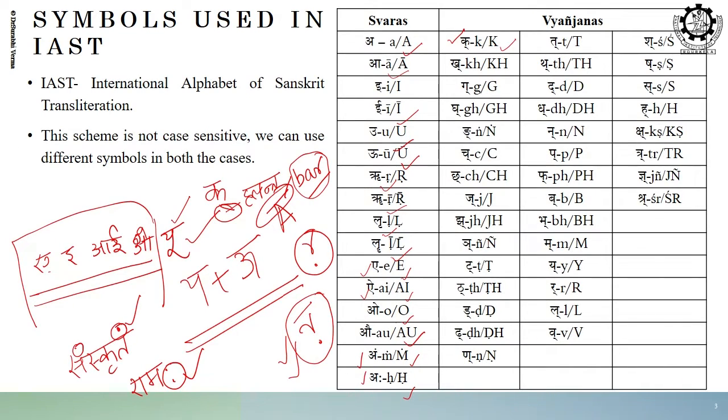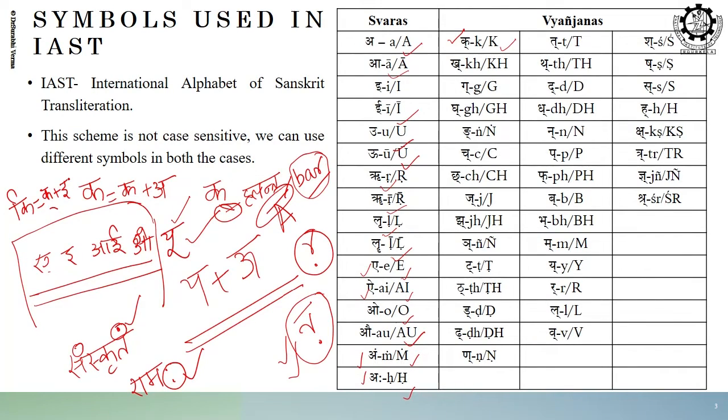Right now this is not having the support of a swara, that is why it is halant. When I write complete ka without any halant, it signifies ka halant, then akara. In the same way, if I write ki, it signifies k and i.